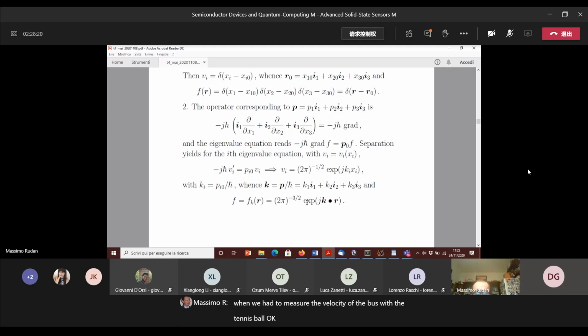In that case, we observed that measuring one dynamic property perturbs another dynamic property. So measuring position perturbs momentum. In this case, measuring momentum does not perturb energy. We actually find both things with the same measurement.